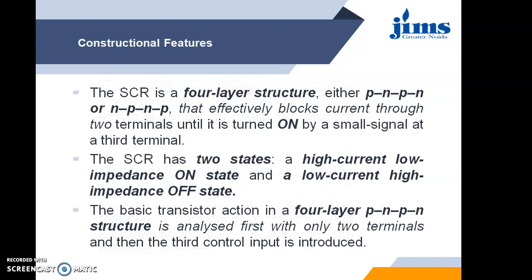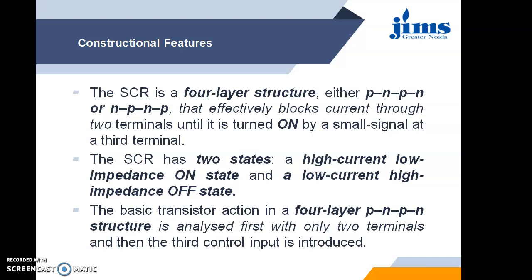If we talk about its construction, it has 4 layers arranged as PNPN, and it has 2 terminals out. It has also got a third terminal, which is called the gate terminal. So SCR has 2 states. First is high current, low impedance, which is called the on state, and second is low current, high impedance, which is called the off state.